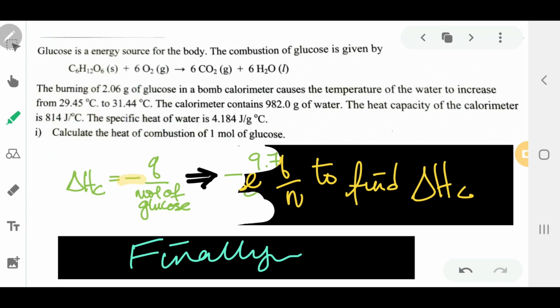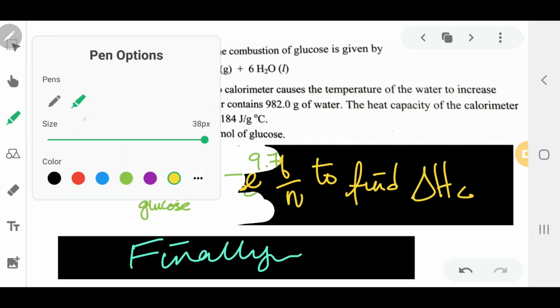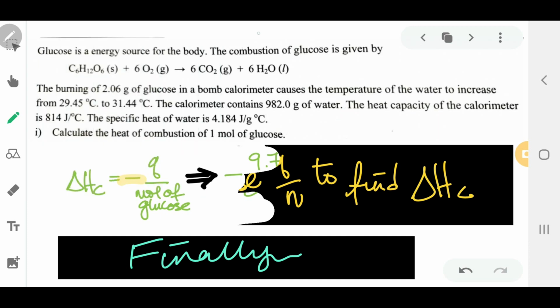You have to have this negative sign in front because the combustion process is always going to be exothermic. That's why you need to put the negative sign in front there.